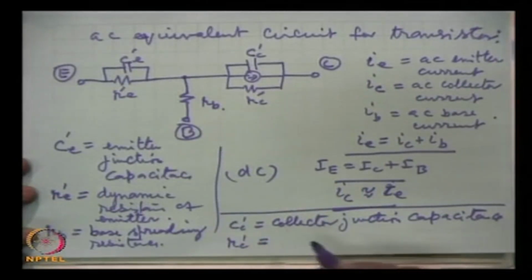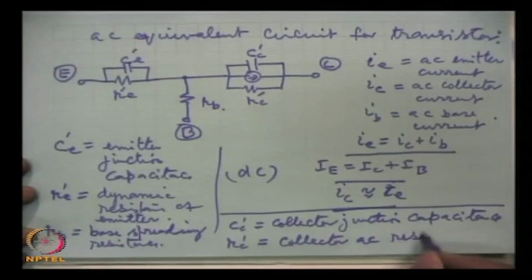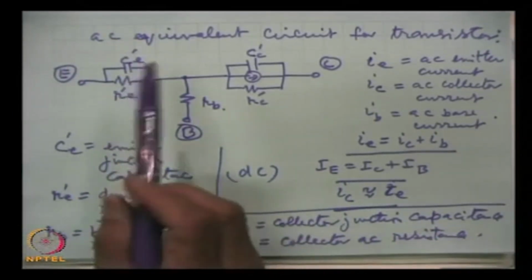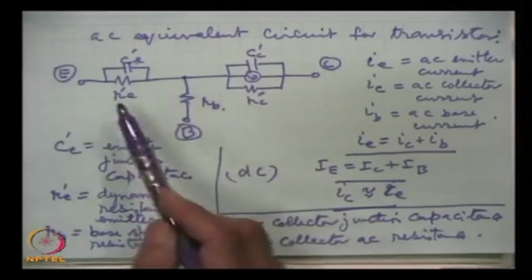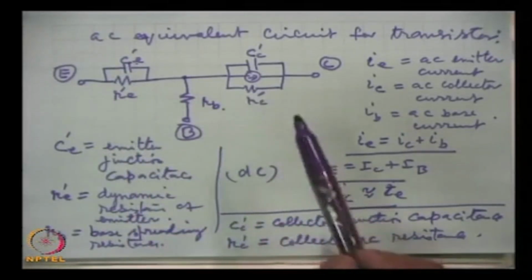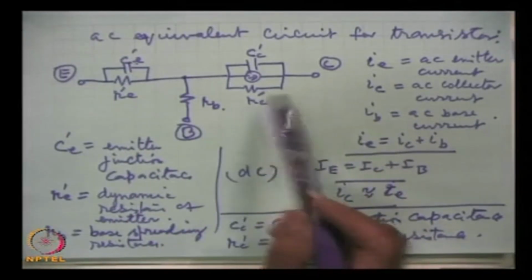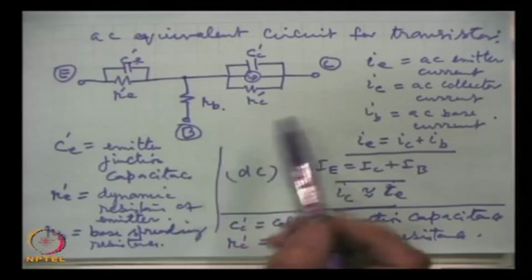R C prime is the collector AC resistance. So, this is emitter junction capacitance, collector junction capacitance, this is dynamic emitter resistance, this is the effective collector AC resistance, and this is the base spreading resistance.